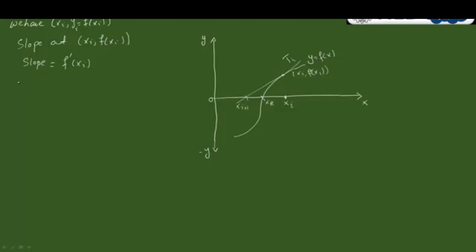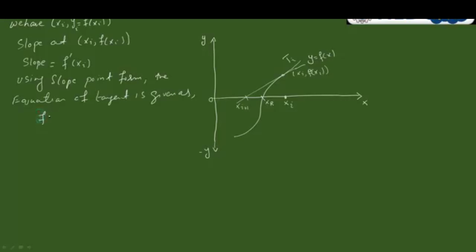So using slope point form, the equation of tangent is given as, okay, I'm not going to explain this basic formula, but the equation of the tangent could be defined like that.